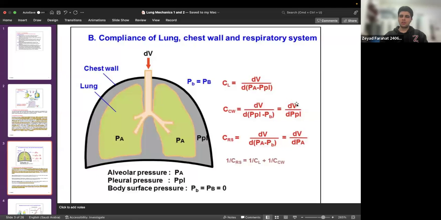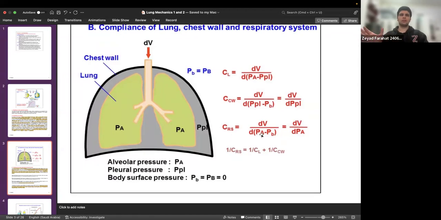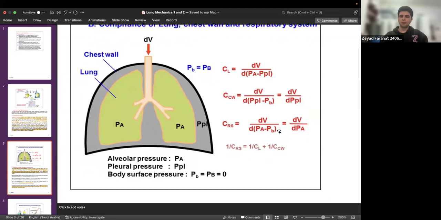So you just do the change in volume over the pleural pressure for the chest wall, for example. Whatever the pleural pressure is, this is what you divide by. You don't have to consider the atmospheric pressure. We're just neutralizing it, or more like shifting the mathematical perspective to zero. Overall, you can just skip it and treat it as zero.